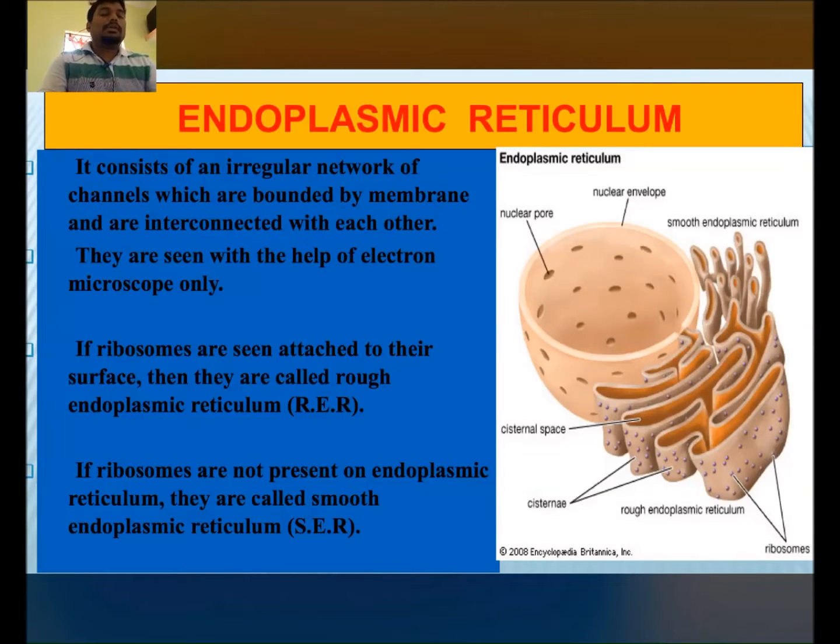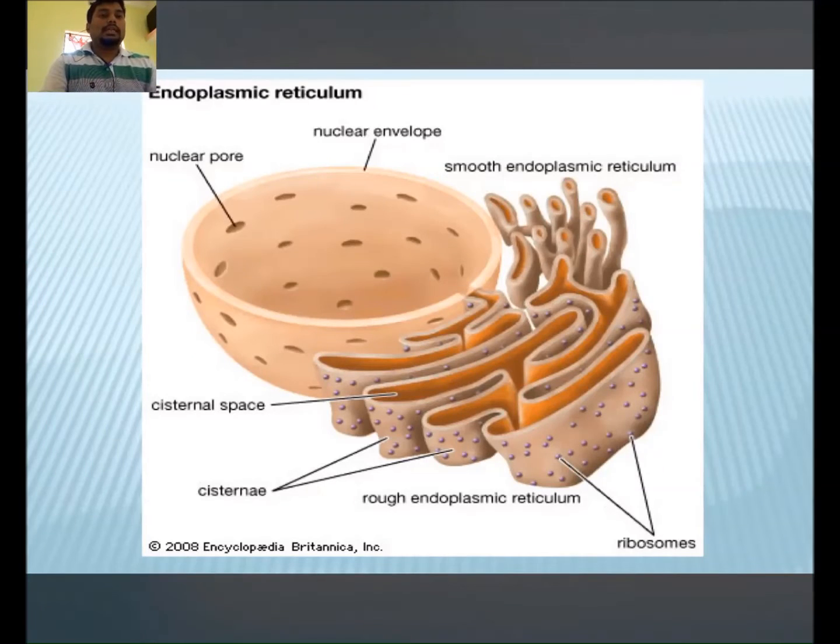And this is important for lipid synthesis. Lipid means fat synthesis. And we have studied plasma membrane is made up of phospholipid and protein, so it helps in membrane synthesis. You can see here the large view of endoplasmic reticulum.